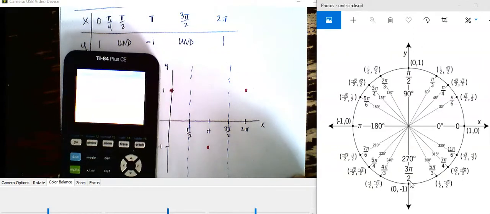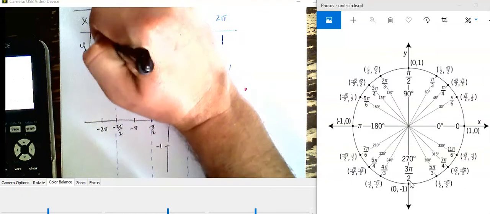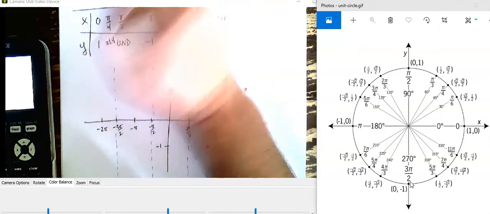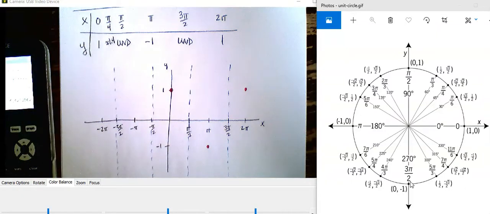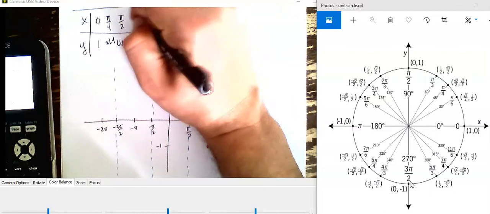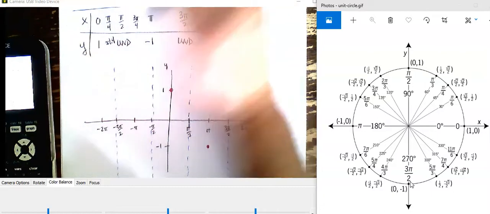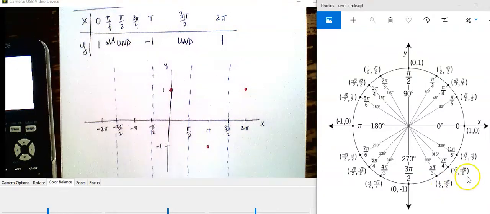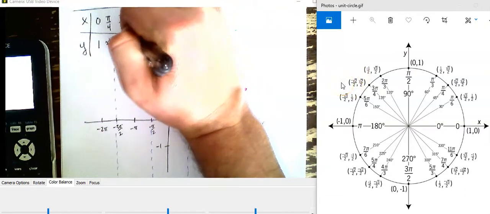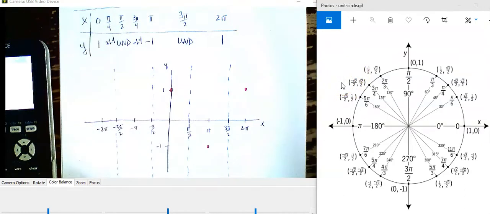It's approximately 1.4. And at 3 pi over 4, the cosine is negative root 2 over 2. So 1 over negative root 2 over 2 would be approximately negative 1.4.